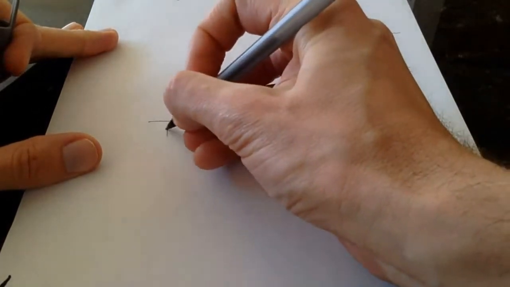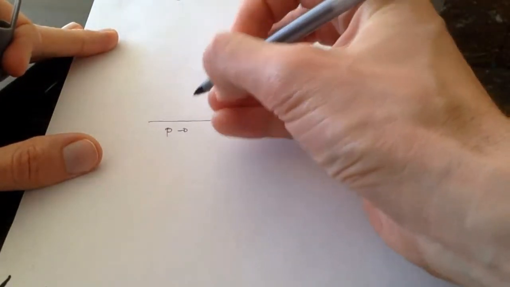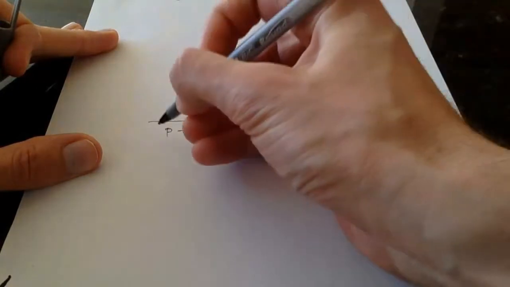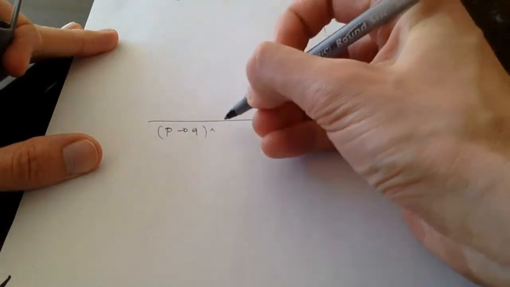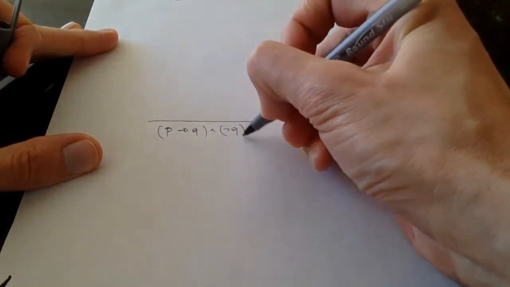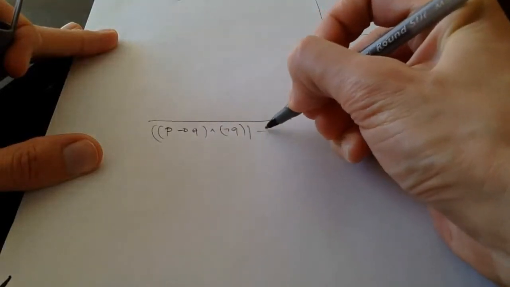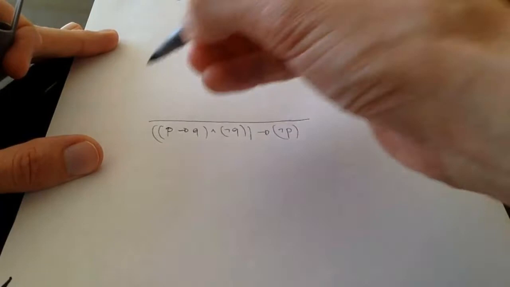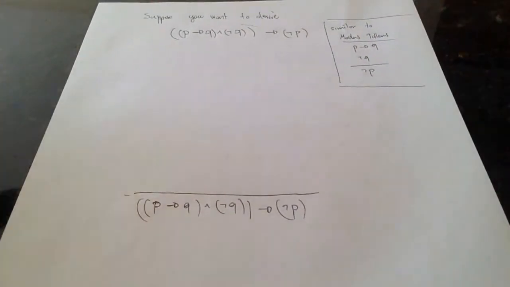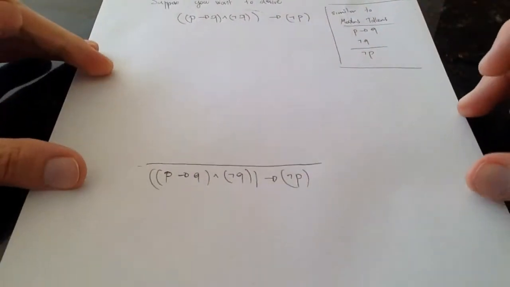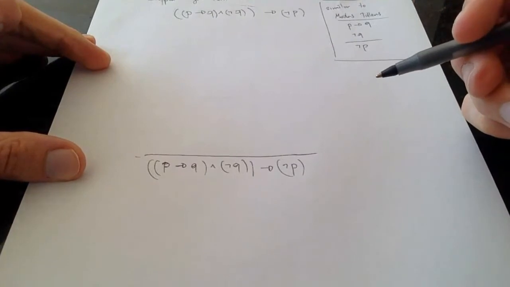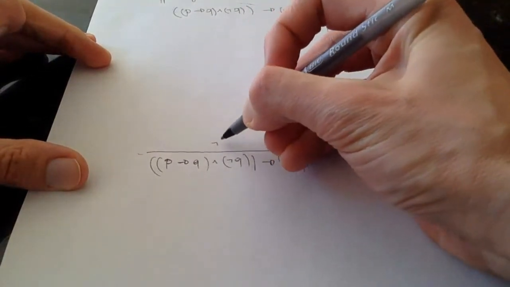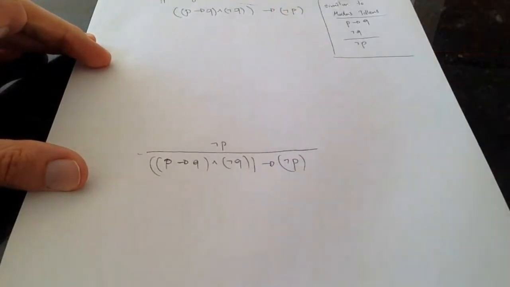So it's P implies Q and not Q implies not P. So this is our goal at the very bottom. And immediately above the last line, I should write not P, which is our consequent.